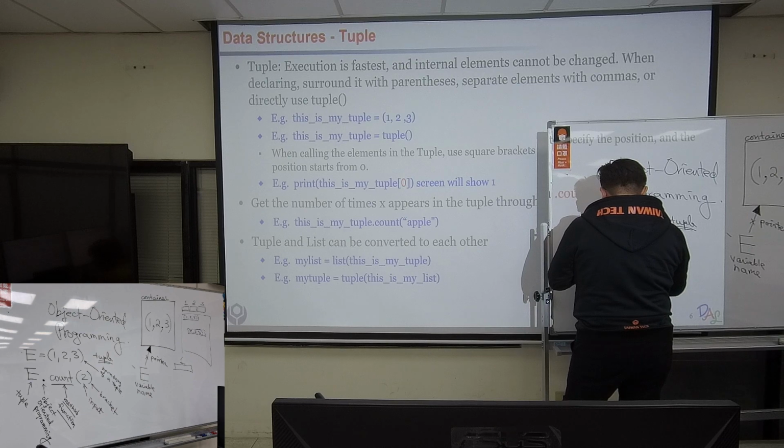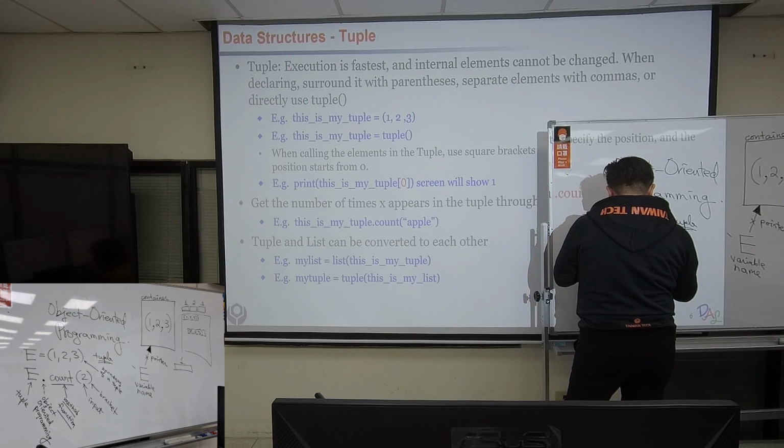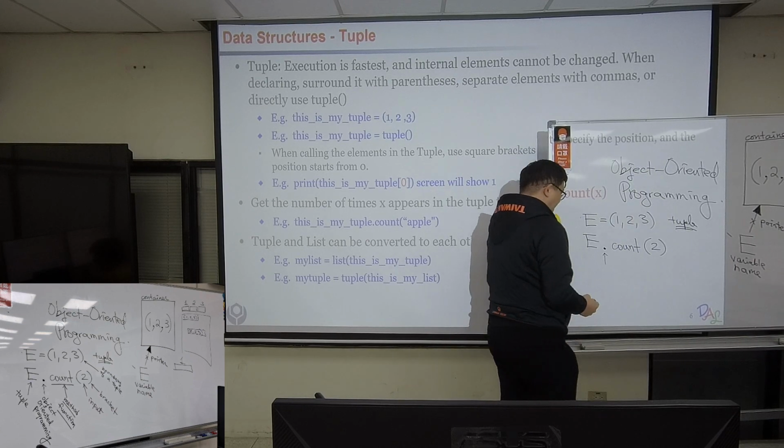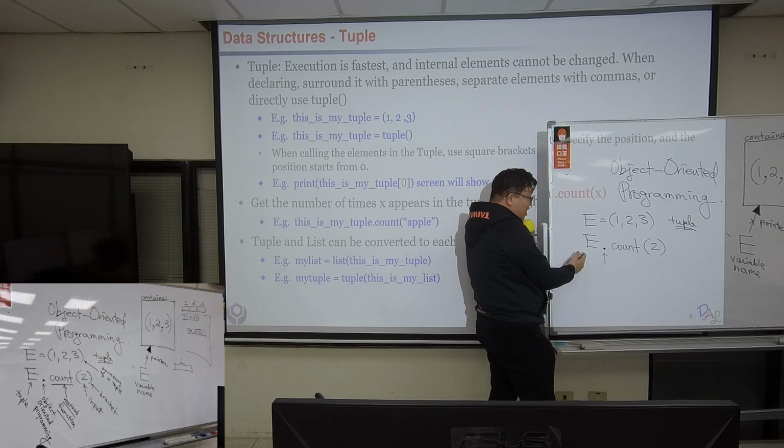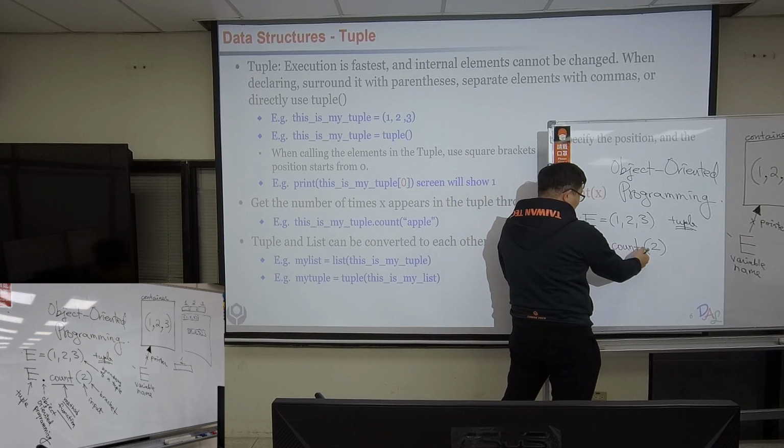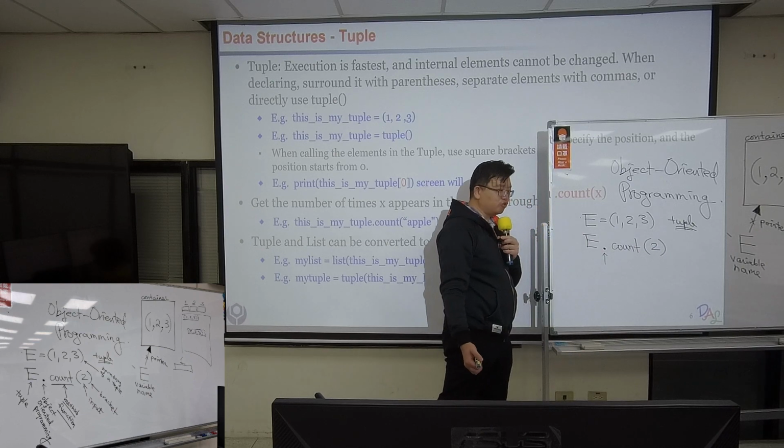Over here, we are using something called count, and I am putting something right here. I'm just giving a number. So what does this mean? Capital E dot count bracket a value of 2.